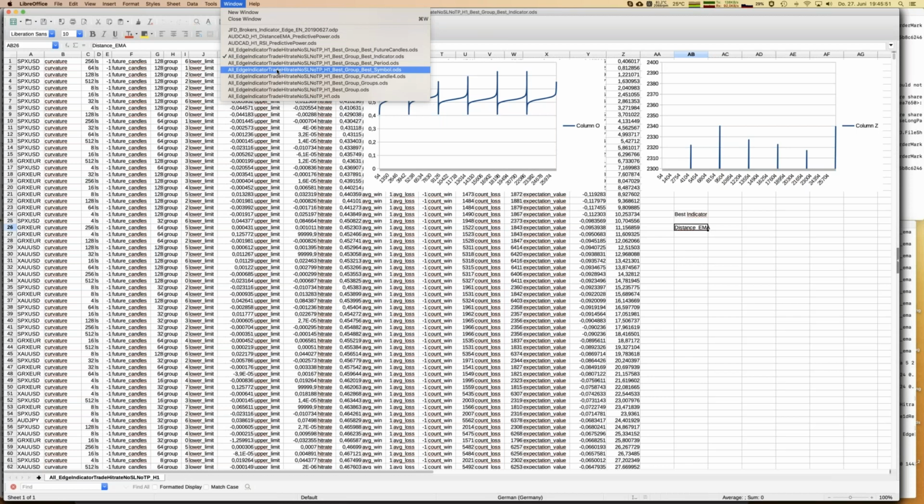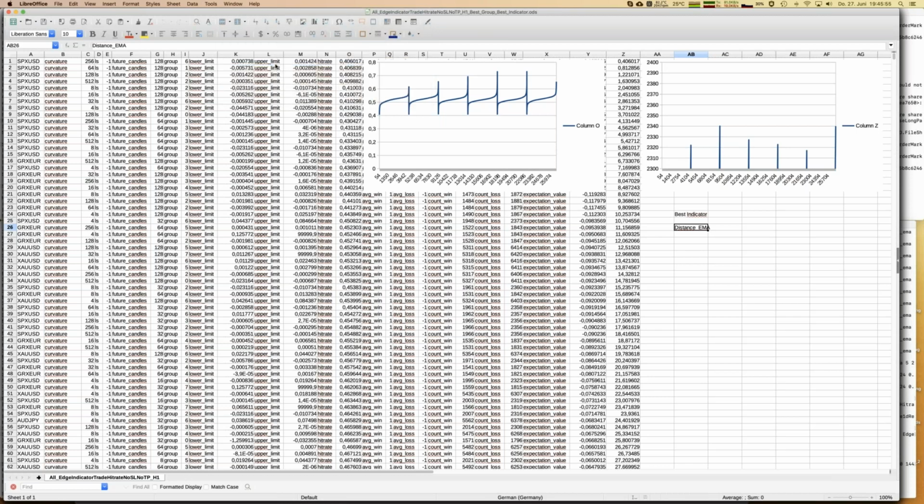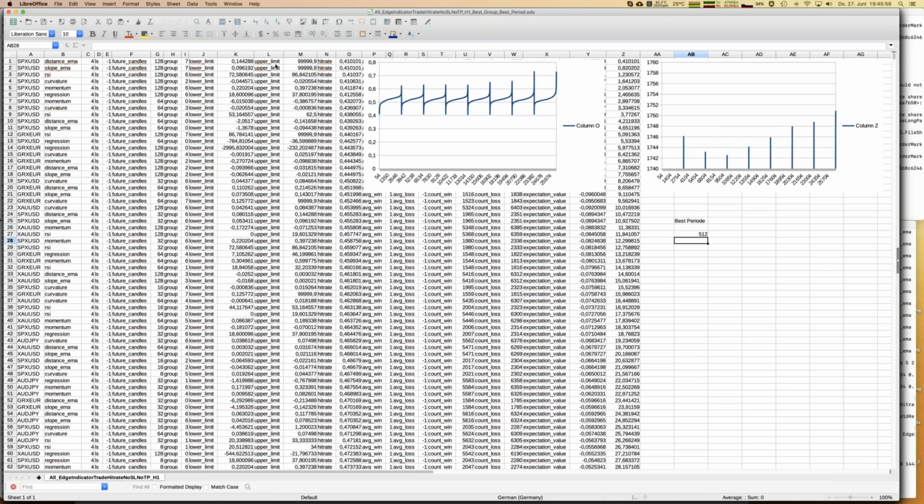I can ask for what is the best period. What is the best indicator period using for everything here?